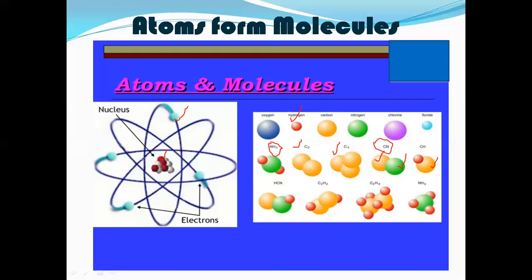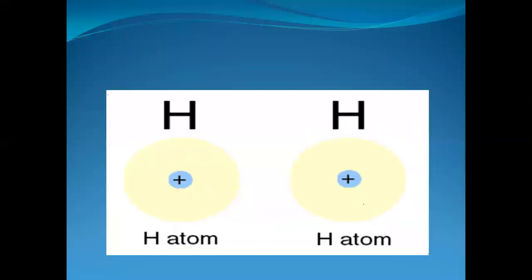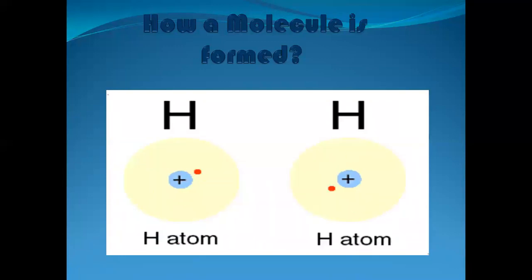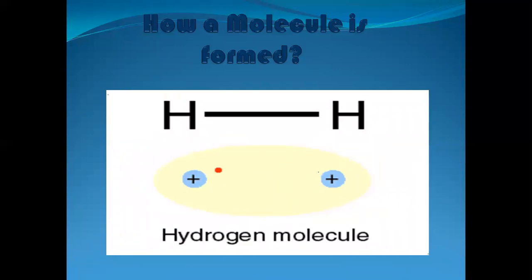If you see 2 carbon and 2 hydrogen, 2 carbon, the big one, and 6 hydrogen, like that, then they can move independently. Now, if we see here how a molecule is formed, this is a hydrogen atom and this one is also a hydrogen atom. And when they collectively combine, look, this is the shell around this one.